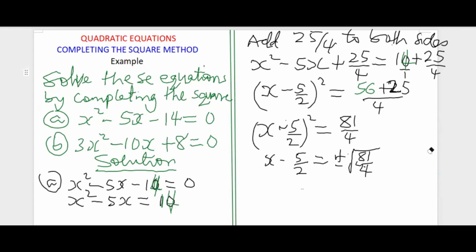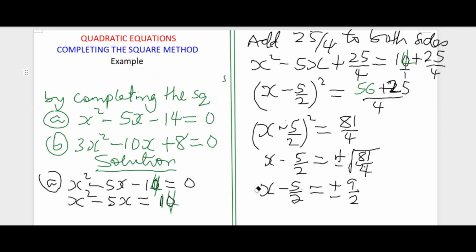So the same thing here, we now have x minus 5 over 2 equals to plus or minus square root of 81 is what? Is 9, and square root of 4 is 2. So let's move this minus 5 over 2 to the right to meet this so that we get the value of x completely or finally.